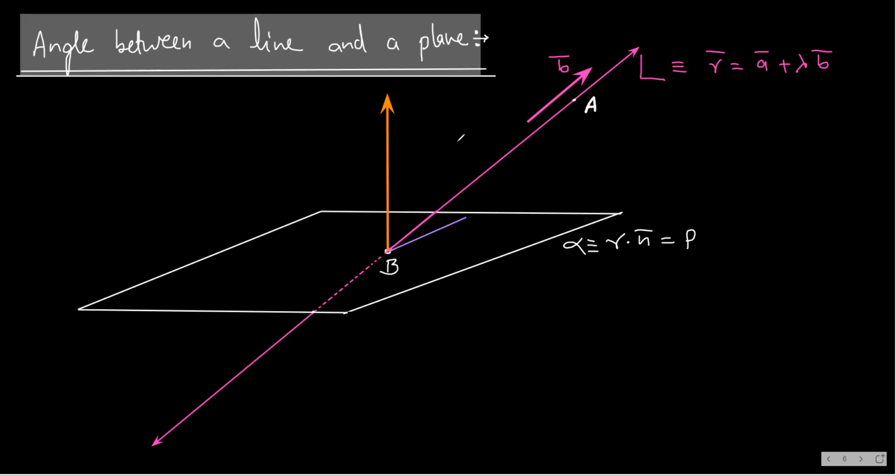You can think that there is a bulb just above this, and because of that bulb, you are getting the image of the line on the plane. You are getting the shadow of that line on the plane.